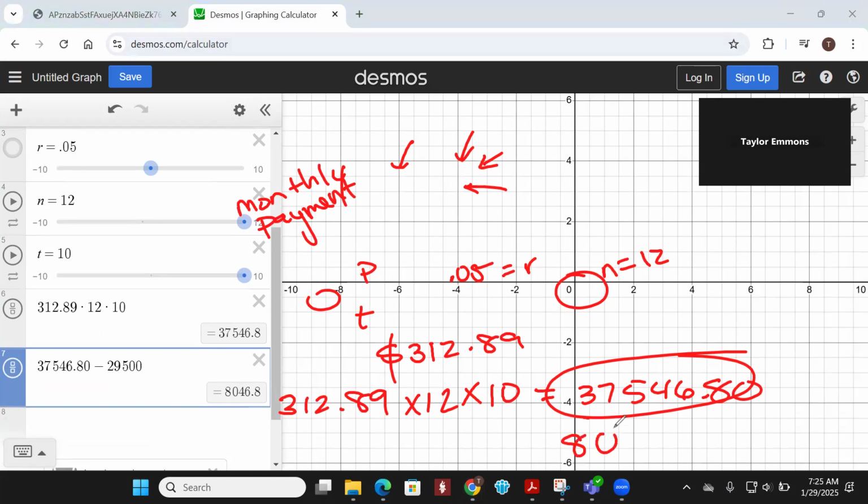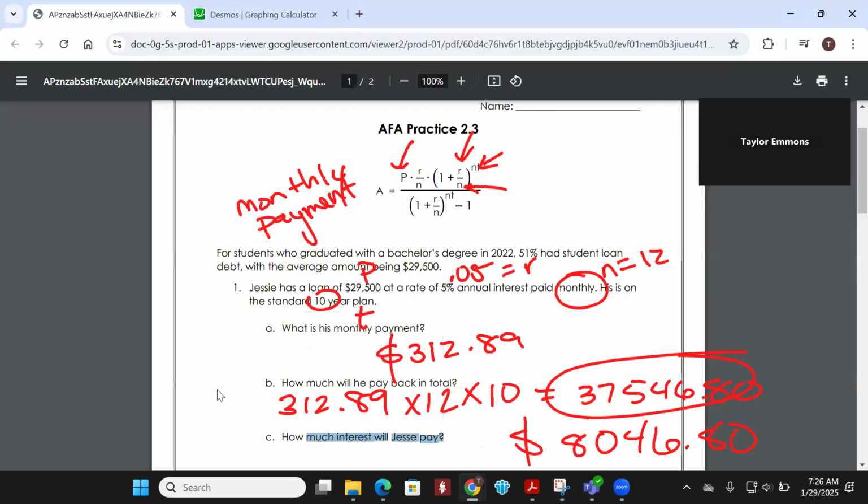Interest is basically the extra payments that you made. Good. Hopefully that was a good refresher from what we did yesterday. I don't see any blank stares, so hopefully we're okay.